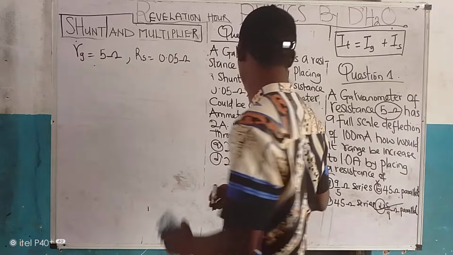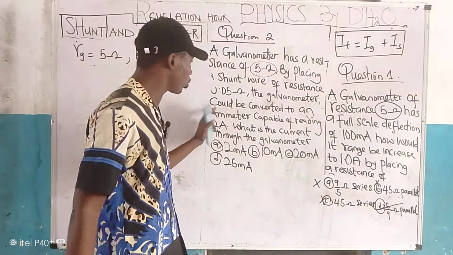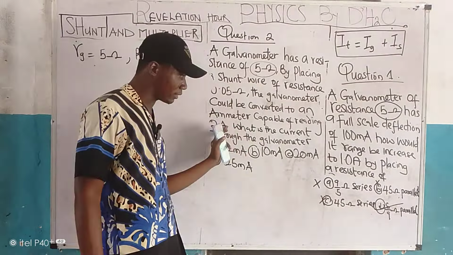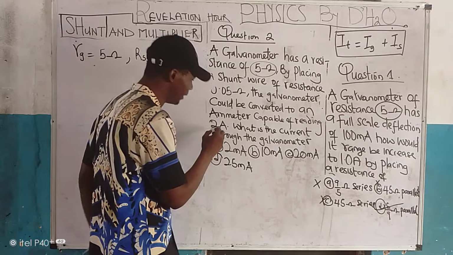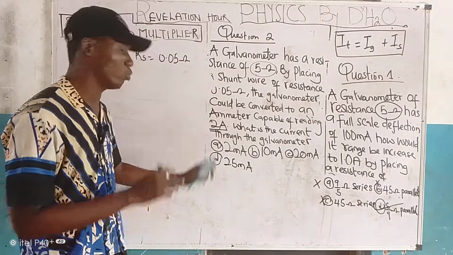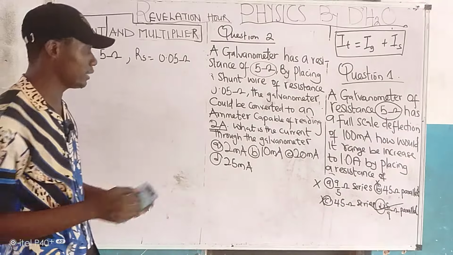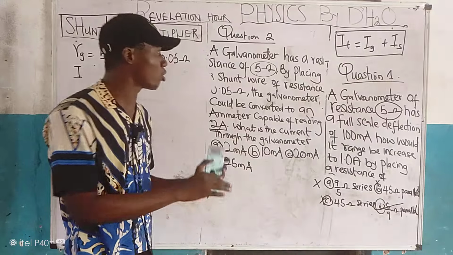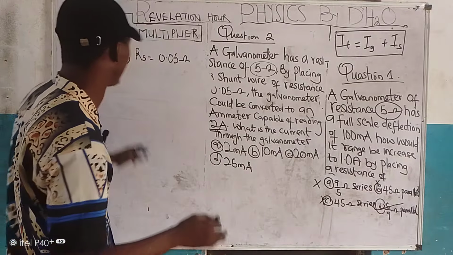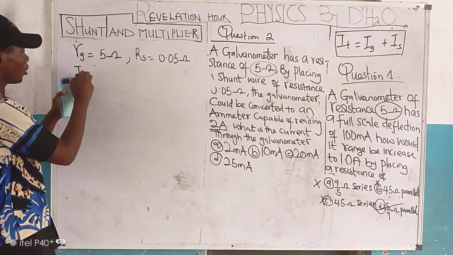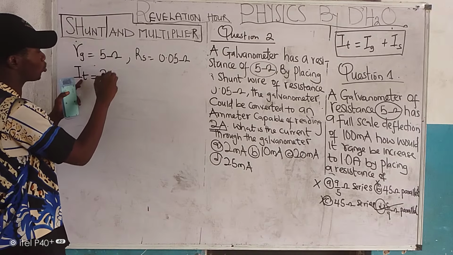Okay, let's continue. The galvanometer could be converted to an ammeter capable of reading a total current of 2 ampere. So this is not the current in the galvanometer, neither is it the current in the shunt. This is the total current, which is equal to 2 ampere.